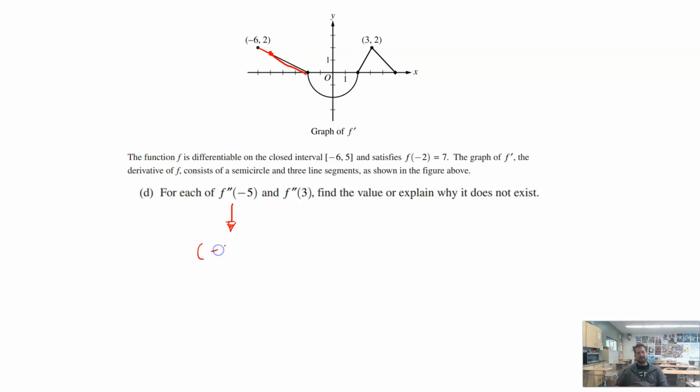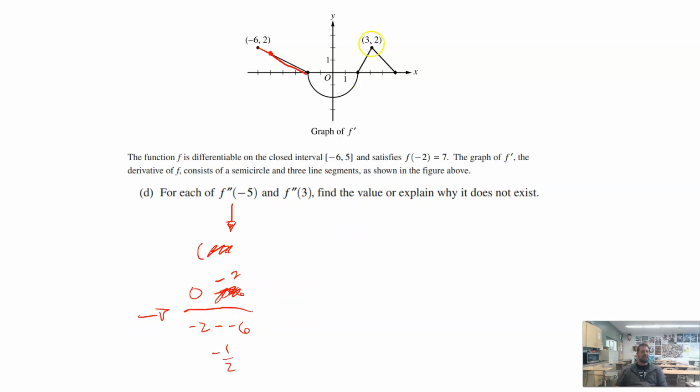To me, it makes the most sense to go, whoops, I did that wrong, 0 minus 2 over negative 2 minus negative 6. And you can leave your answer like that if you want to. That does simplify down to negative 1/2, but you can leave your answer just like this for full credit.